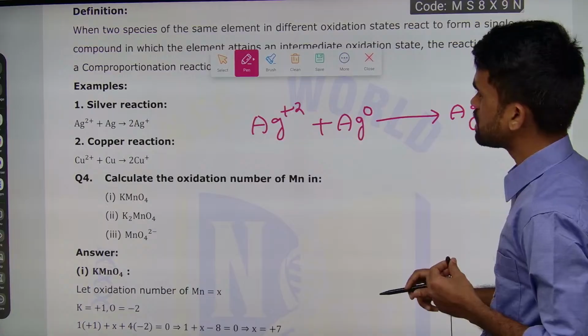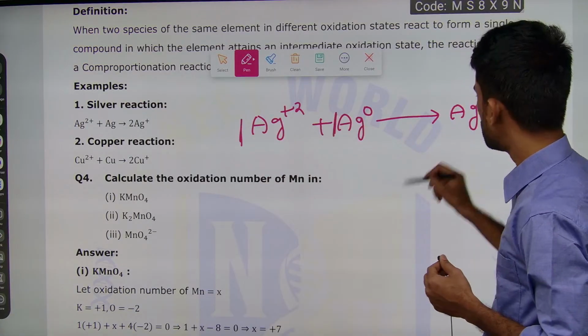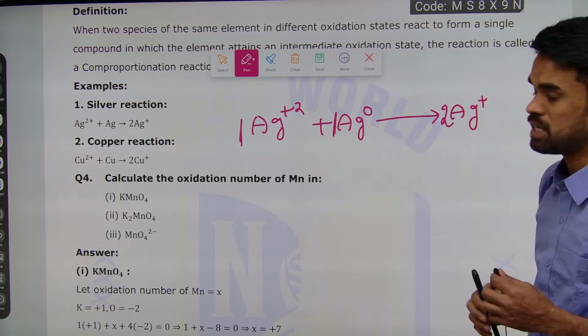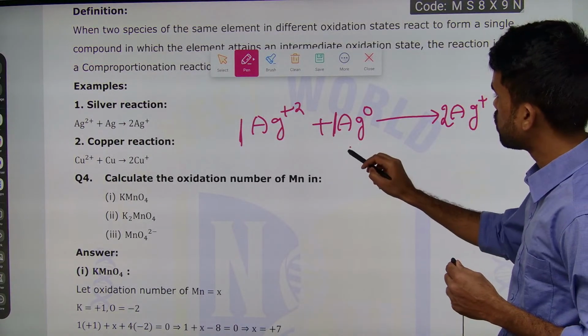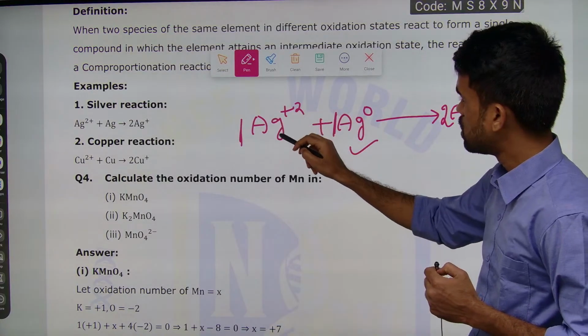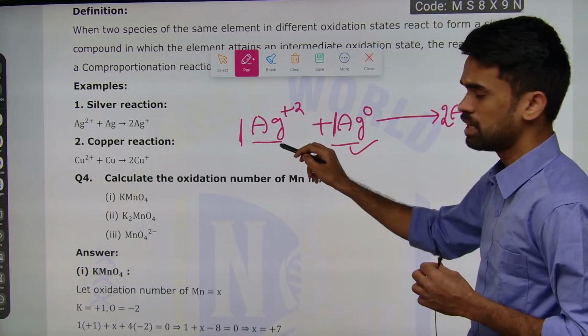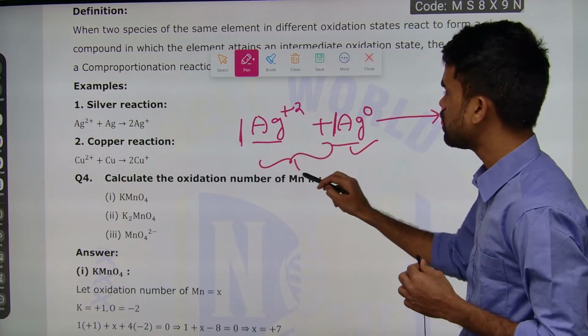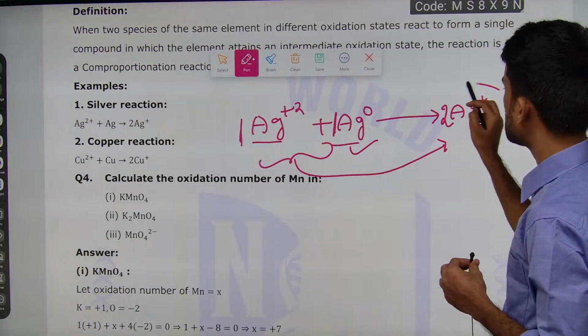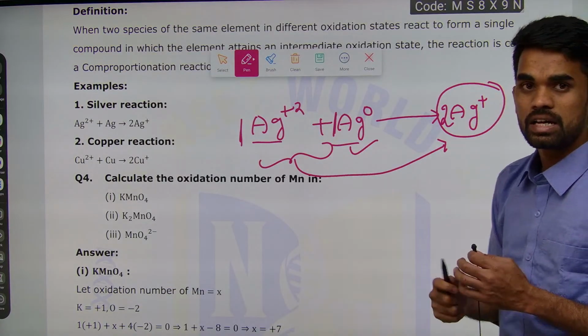So one Ag is in +2, one Ag is in 0, and they convert into Ag plus. This one is losing an electron and this one is gaining an electron. So the same element having different oxidation states on the reactant side converts into a product with the same oxidation state. So this is something like the reverse of disproportionation.